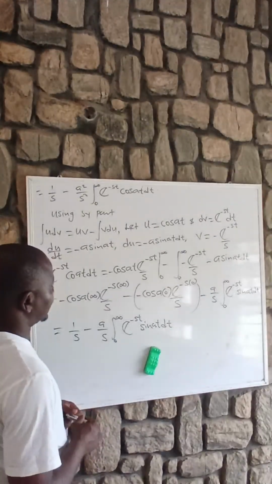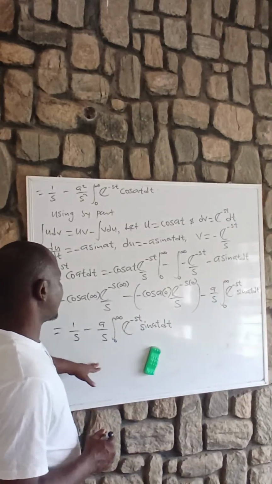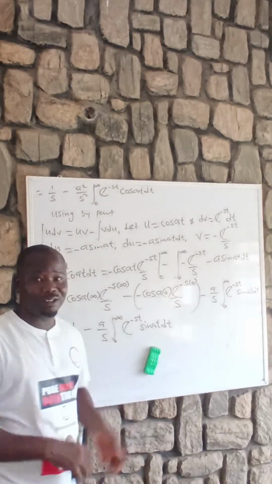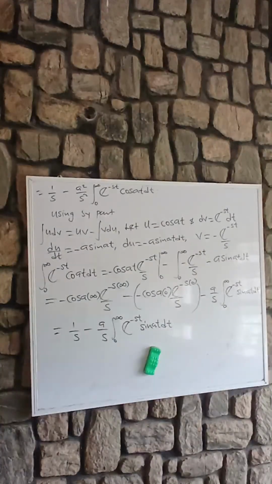When you look at this question very well, it seems we are repeating ourselves again and again. True or false? Look at it very well. If you were here in the beginning of this, I think you should understand what I'm trying to talk about.